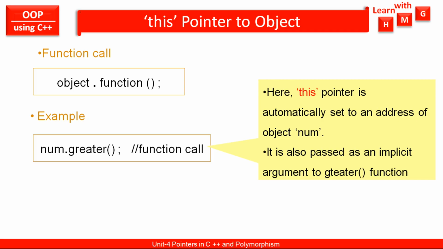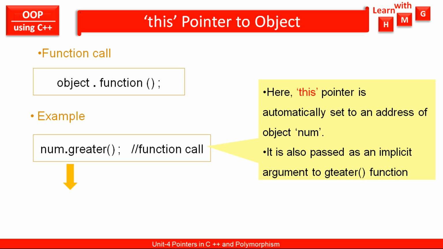So the address of num will be obtained, and that address will be assigned to this pointer, and like this the pointer will point to object num, because num is the calling object which is calling the greater function. It is also passed as an implicit argument to the greater function.